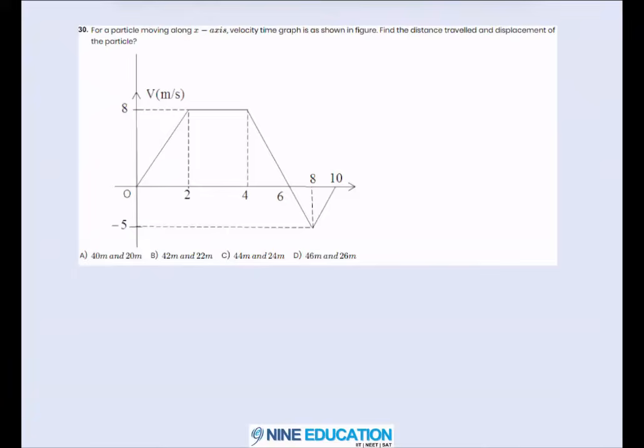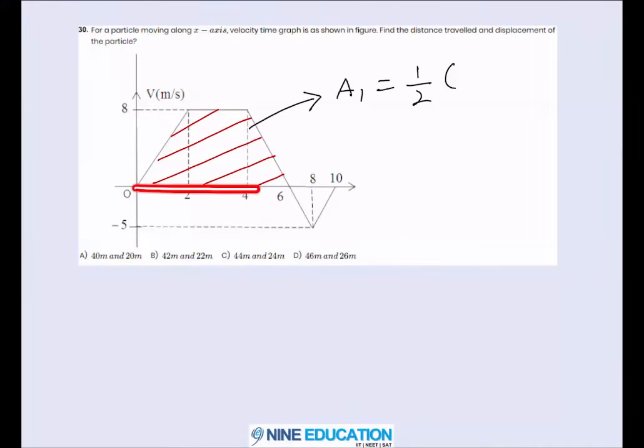Now let me try to calculate the area of this particular region, which is nothing but a trapezium. Let's say the area is A1. The formula for the area of a trapezium is half, sum of parallel sides, into height. Now what will be the parallel sides? From here to here, it will be about 6, while from here to here, it will be about 4, because the time gap between this is 2 seconds.